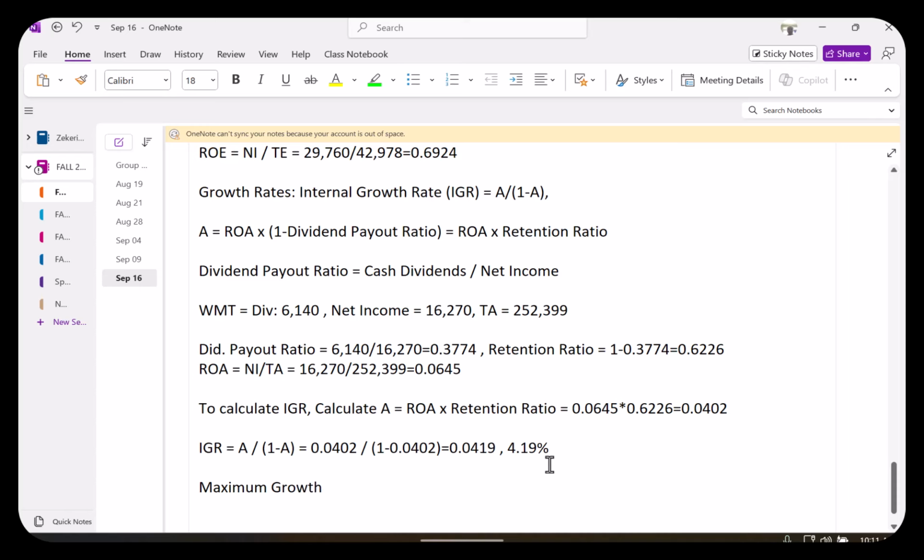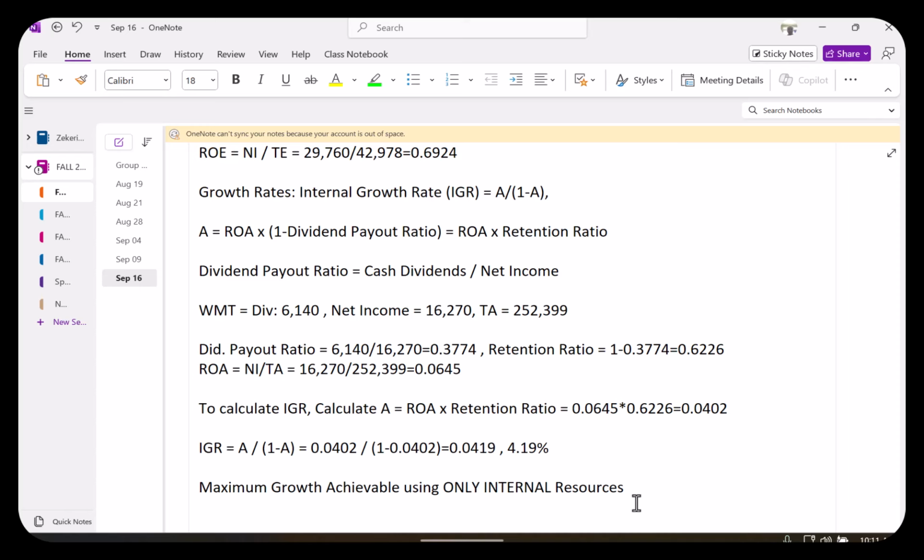maximum growth achievable using only internal resources. So that means next year, I'm not going to allow you to raise any equity or change anything about your debt.